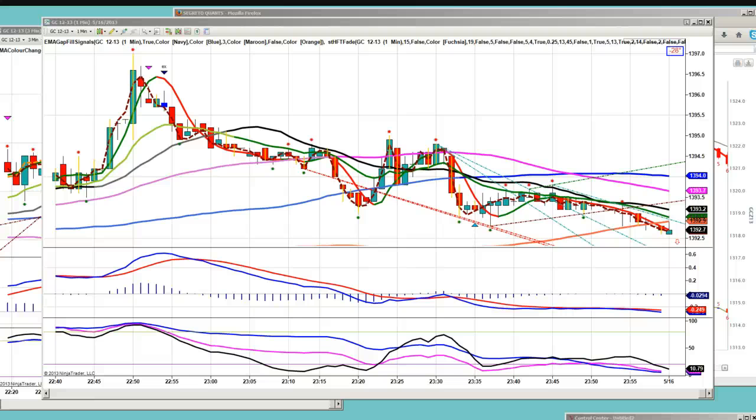Let's see if I change the screen resolution. Well, that just throws a complete spanner in my works here.